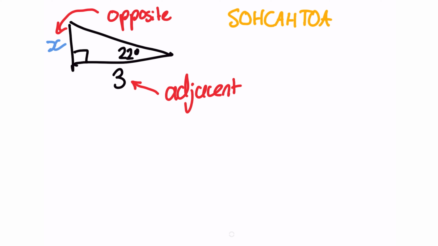Sine, cos, or tan? You guessed it, it'll be tan, because tan has opposite and adjacent in the question. So, TOA. So therefore, we're going to write out that tan of theta, which is 22 degrees, is equal to the opposite, which is x, over the adjacent, which is 3.